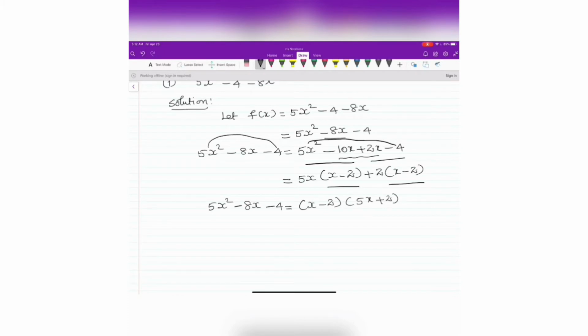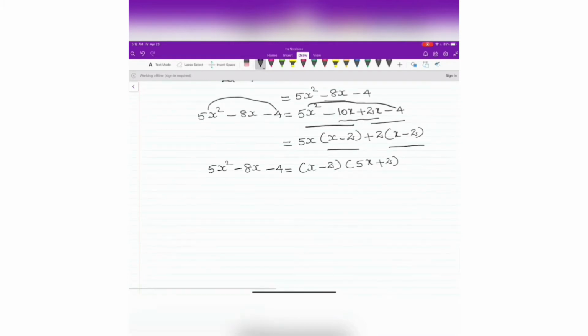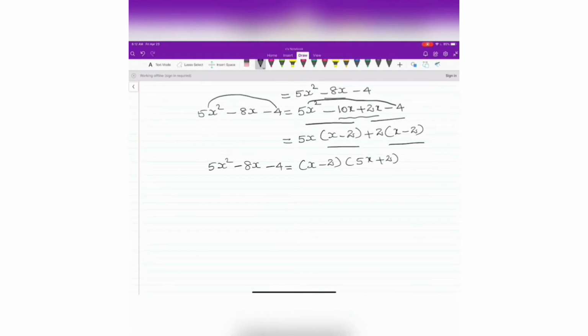You know that the zeros of the polynomial f of x are given by f of x is equal to 0. So, I am not writing that statement. Let me straight away write. We know that f of x equal to 0, which implies x minus 2 into 5x plus 2 should be equal to 0.